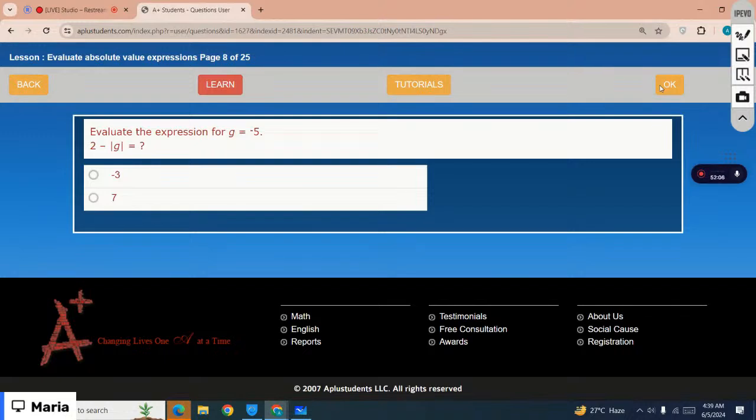So which is the correct option? That is -3. Option number 1 is the correct option.